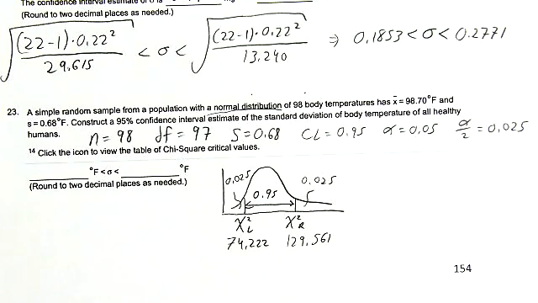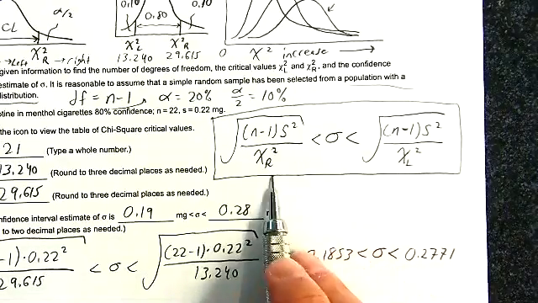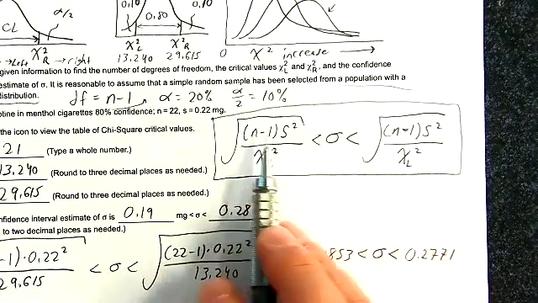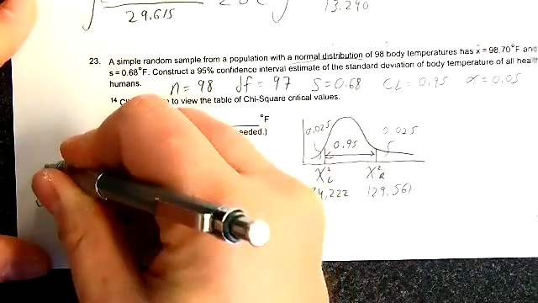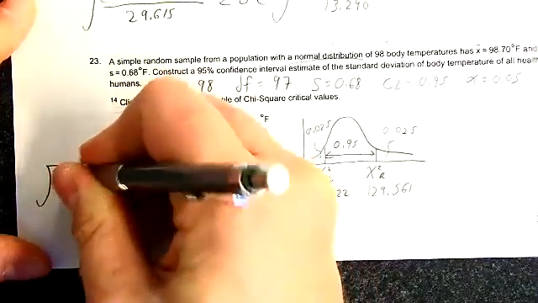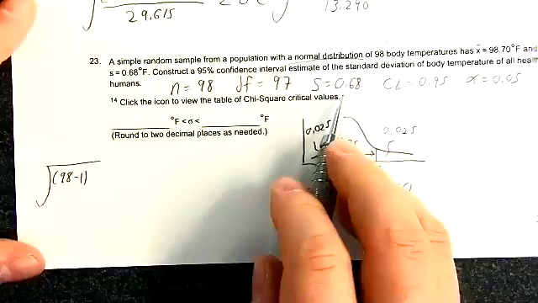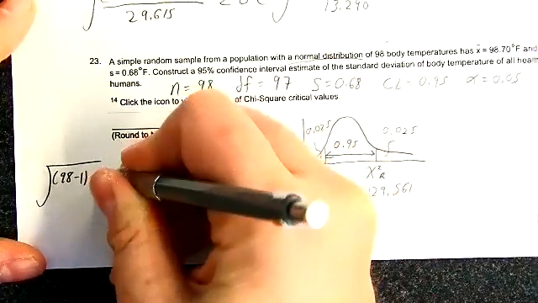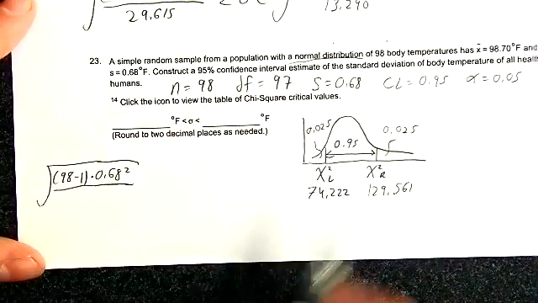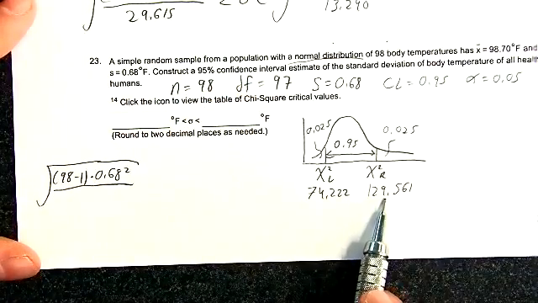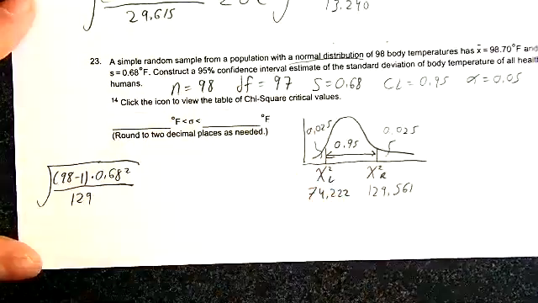Okay, now we will use that same equation we used before right here. So we know the chi-squared right and left values. We just wrote them down. We know n in this problem is 98. We know s in this problem is 0.68. So we would plug those in. It would look like this. Square root of 98 minus 1 times s squared, so times 0.68 squared, all divided by chi-squared right, which is 129.561.